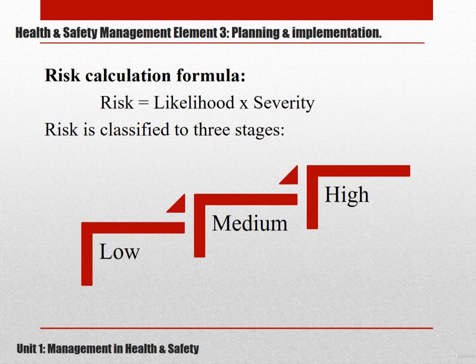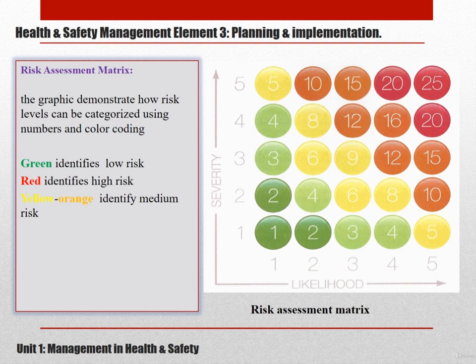An alternative approach that is commonly adopted is to break risk down into its two components and define each separately using the calculation formula, multiplying likelihood by severity. And by simply assigning a score to each word, it's possible to calculate a risk rating for a particular hazard and assign it in our risk assessment matrix.